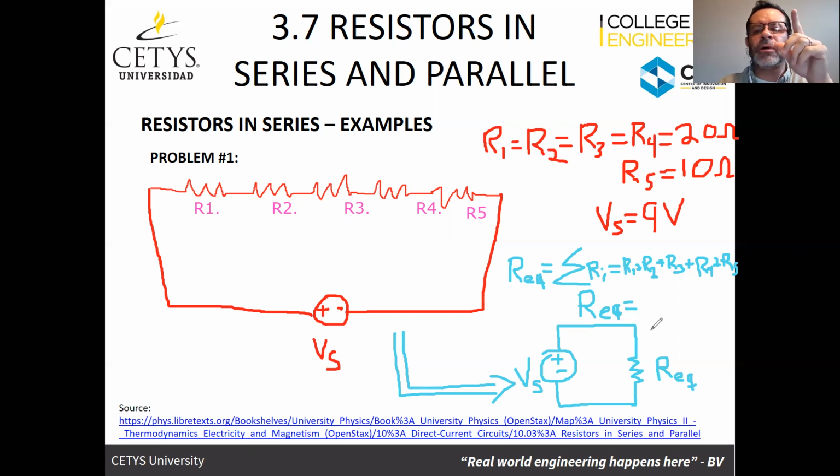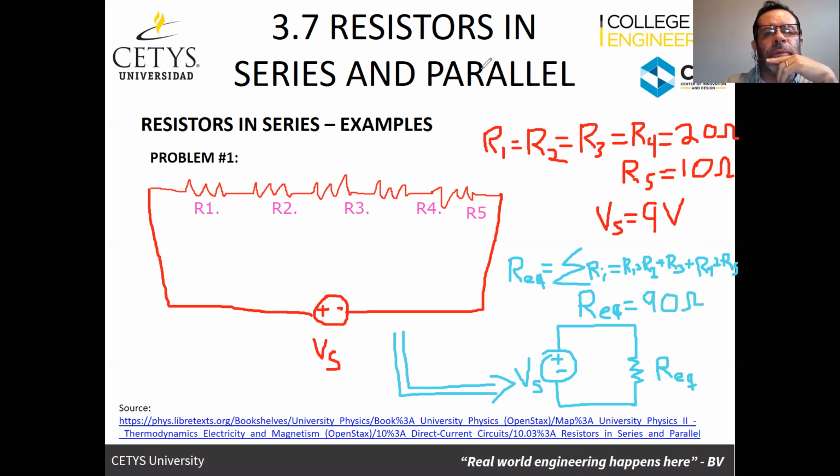So, correct. It's what JC said. It's 20 plus 20 plus 20 plus 20 is 80, plus 10 is 90. It's 90 ohms, the equivalent resistance.